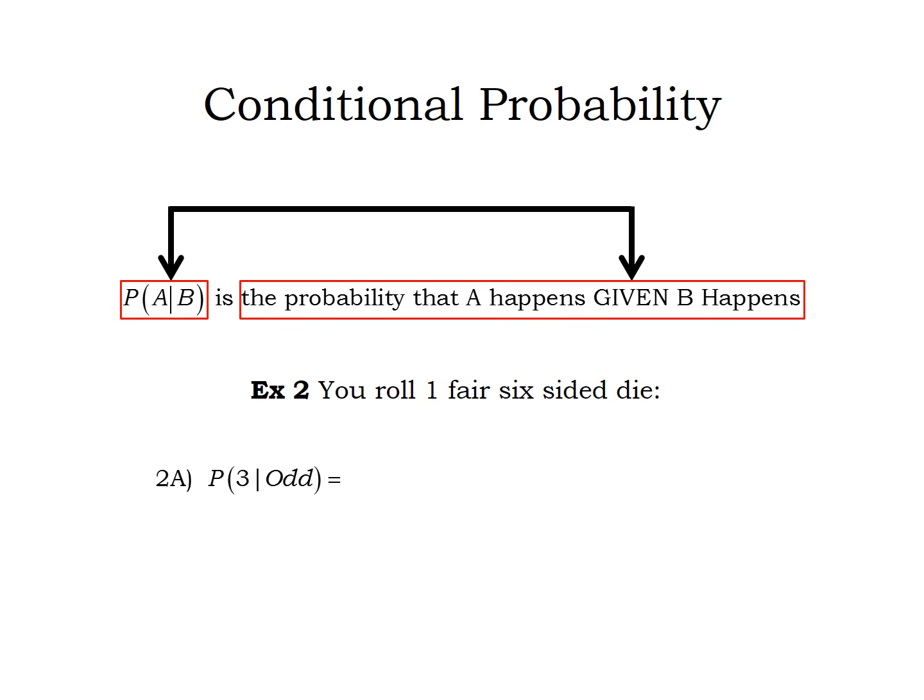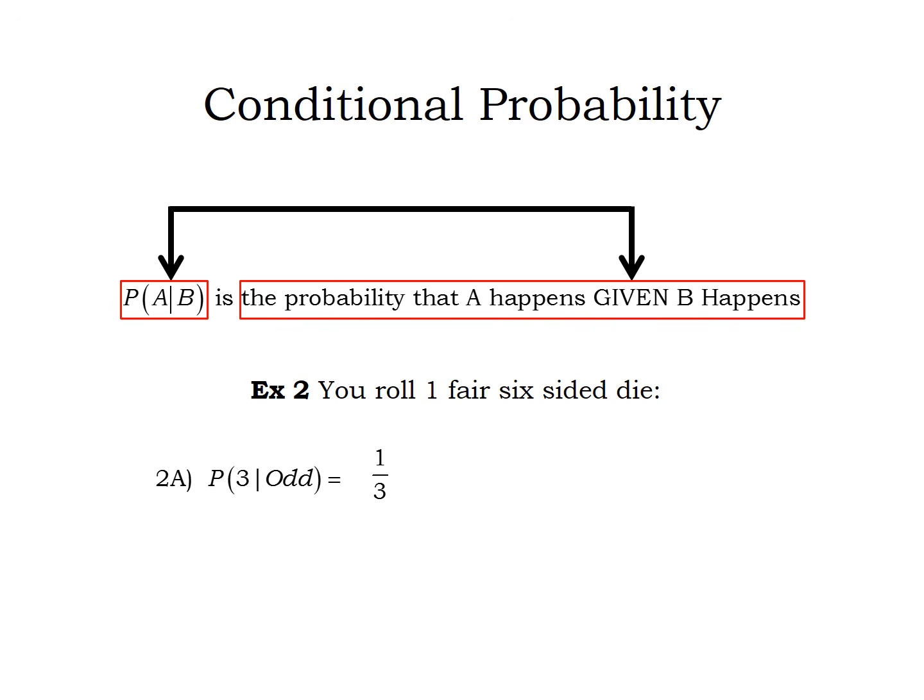We know that it's either a 1, a 3, or a 5. In terms of our fraction, how many are there to choose from at this moment? The answer is 3. Now, out of those 3 numbers, 1, 3, and 5, how many of them are the 3 we're looking for? There's only one 3. So the probability that we get a 3, given that the result is odd, is equal to 1/3. Notice this is very different than the probability of getting a 3, which would be 1/6.